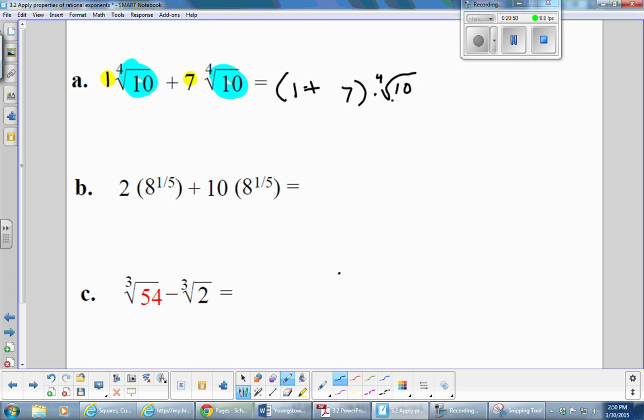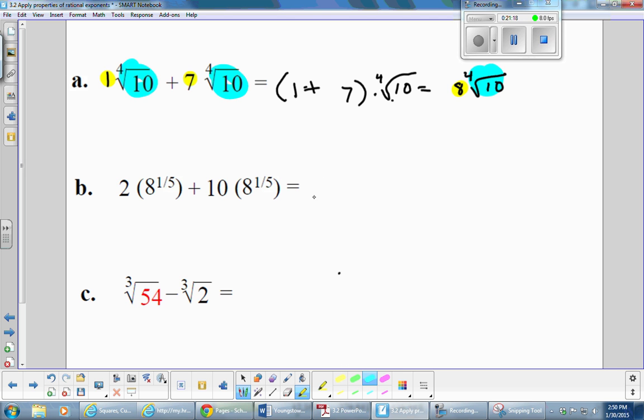So that's the same expression, equal to 8 times the fourth root of 10. If you have one of these things and you add seven more, you have 8 of these things altogether and you're simplified. So addition and subtraction can be easier if they're already lined up for you. There you go, that's 8 of these things and you're done.